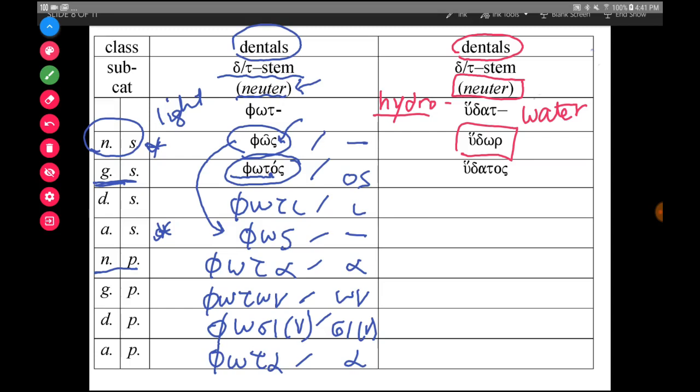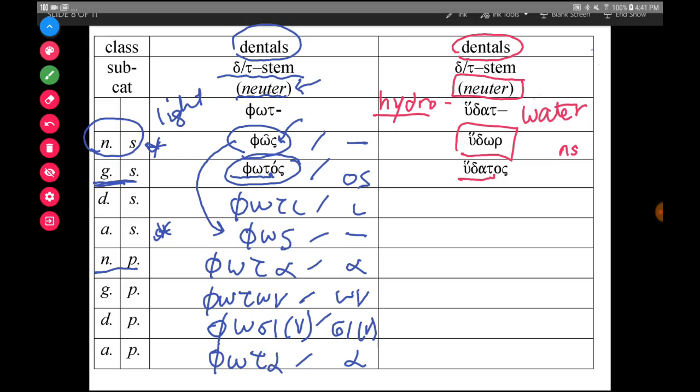Now the stem for hudor, again in the genitive, is hudat, and hudor simply reflects an irregular nominative singular neuter form, a case ending that you simply have to memorize as part of your lexical and vocabulary.